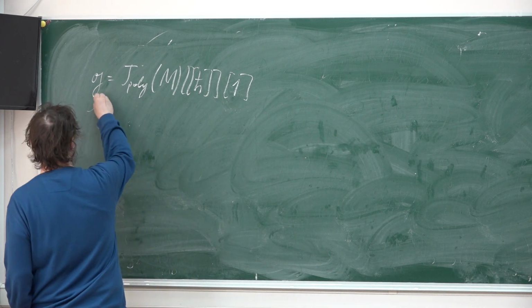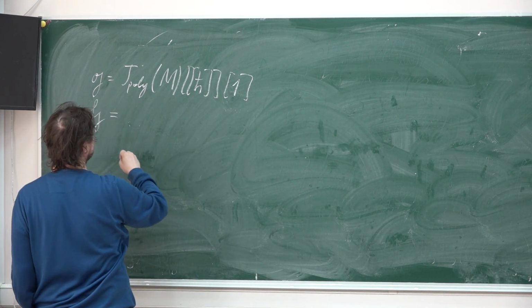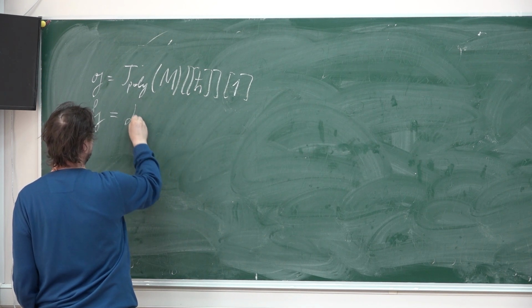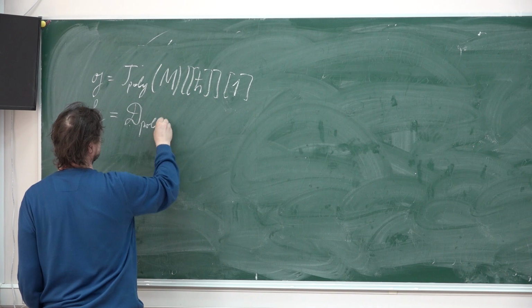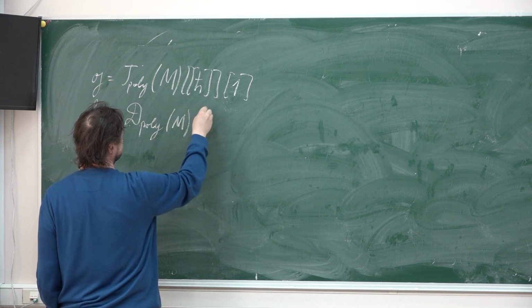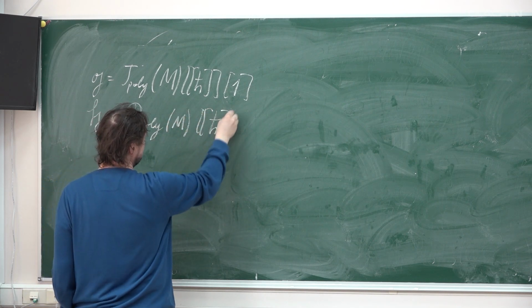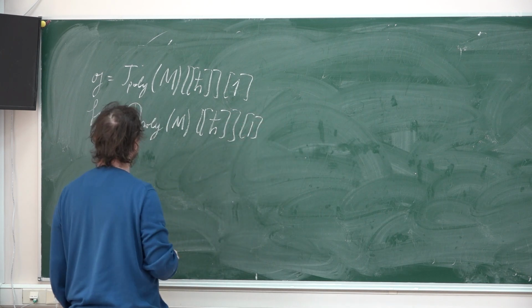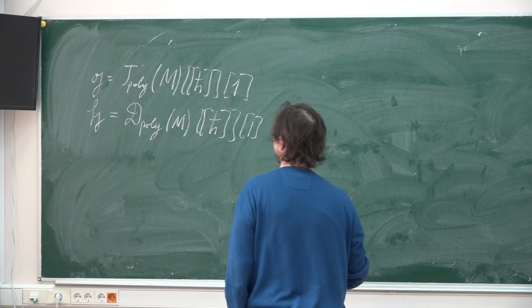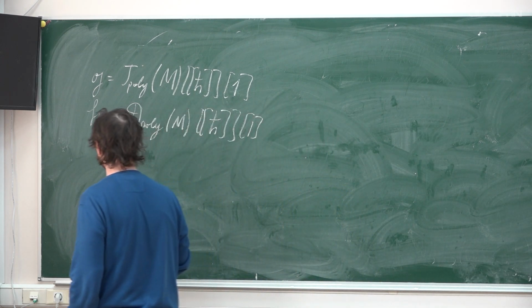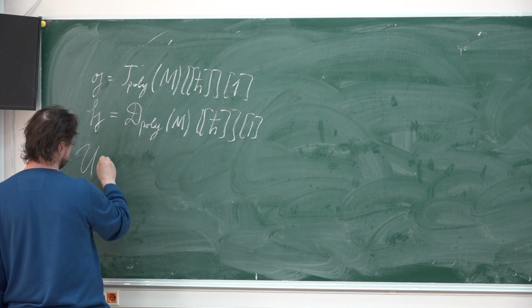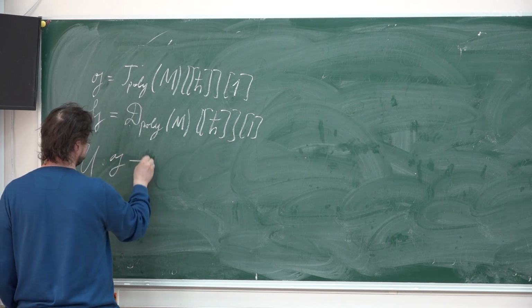And H equal to the space of polydifferential operators on M extended by h bar and shifted. We need to look for an L infinity morphism, usually denoted by U in this case, from G to H.